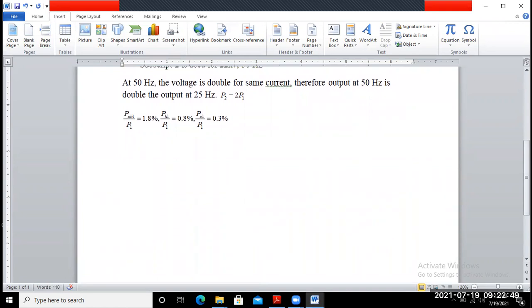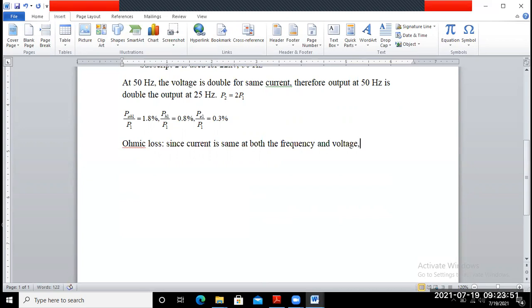So, if we discuss the ohmic loss: since the current is the same at both the frequency and voltage, the ohmic losses remain the same.